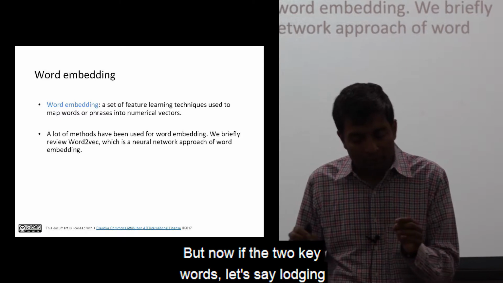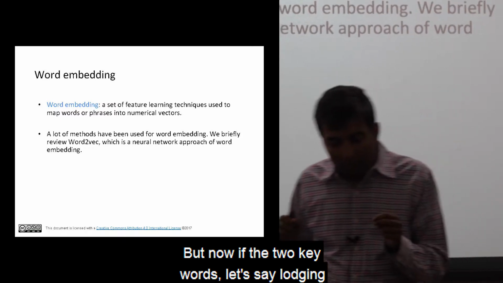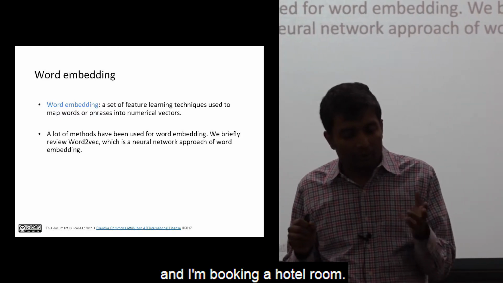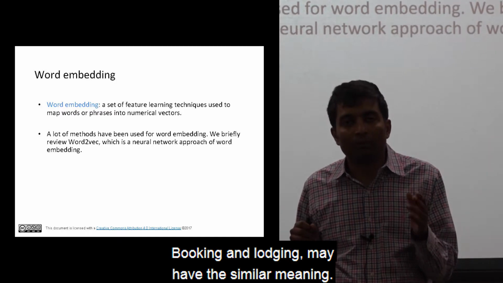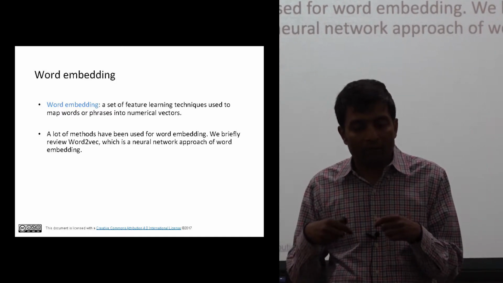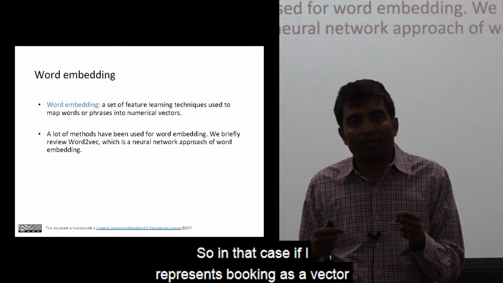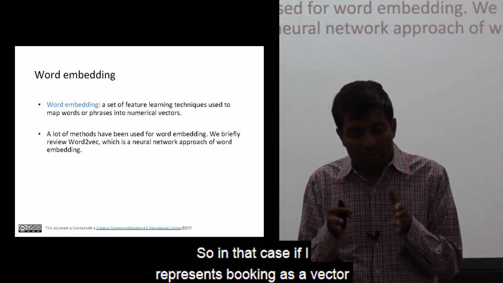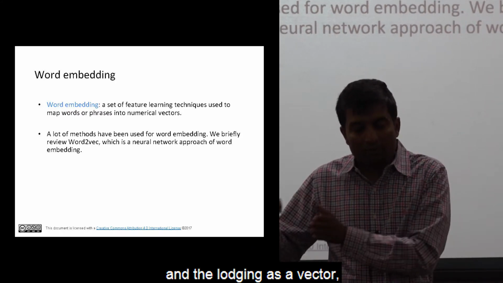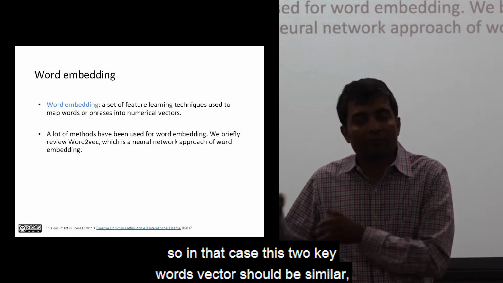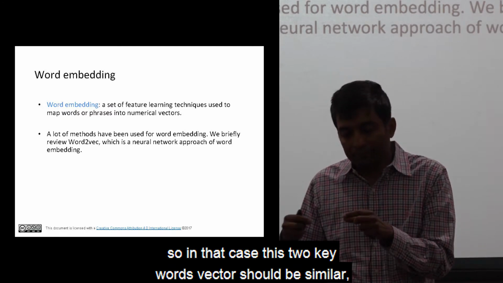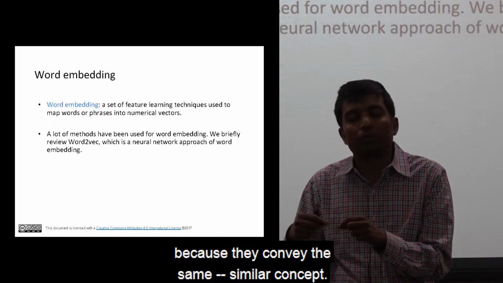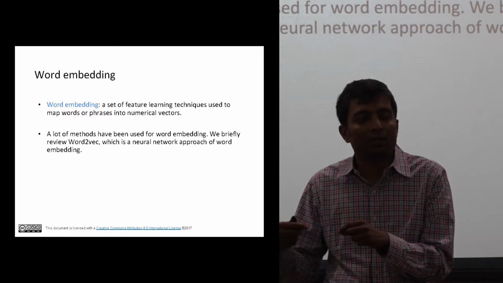Now if two keywords, let us say lodging and booking, as in I am booking a hotel room, have similar meaning, and I represent booking as a vector and lodging as a vector, then these two keyword vectors should be similar because they convey a similar concept.